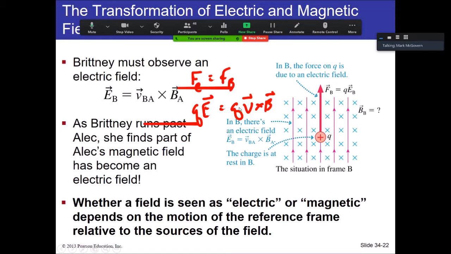It came from just equating these forces together, but this is a translation. And the implication of this, let's look at this real carefully: the magnetic field in A establishes an electric field in B because B is moving.